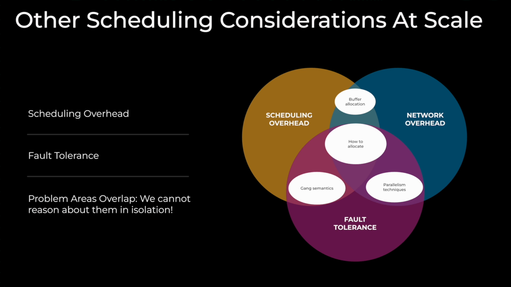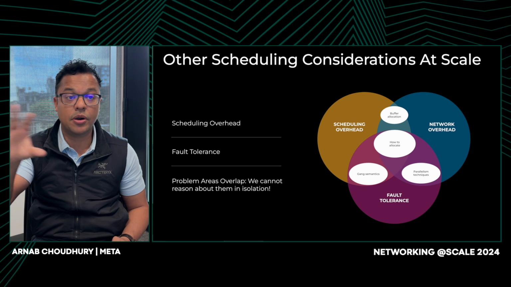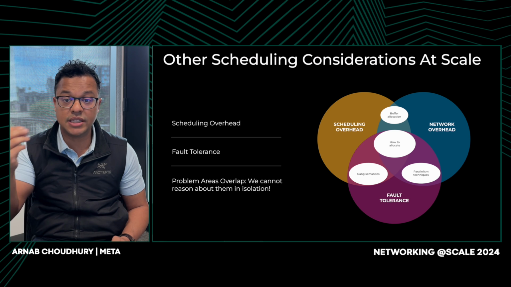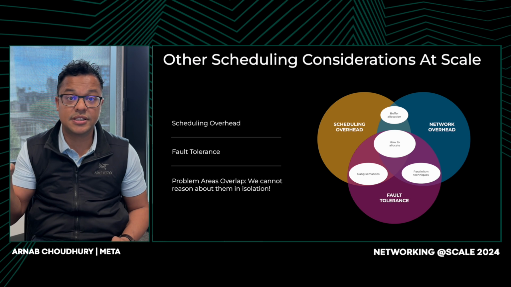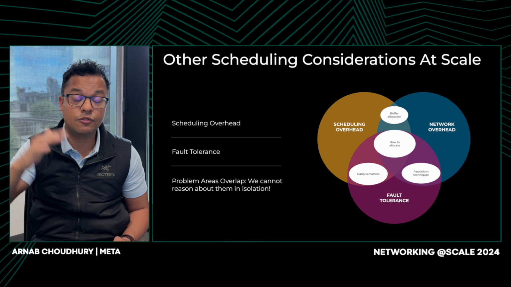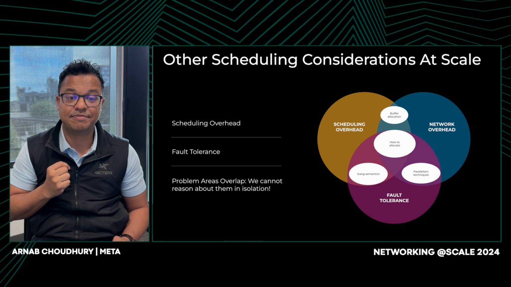With fault tolerance, we're looking to see if different parts of the training application can be resilient to partial failure. For example, at runtime, if some parts of the model go down due to capacity going down or other types of failures, can the rest of the model still continue to train? These problem areas all overlap, so scheduling overhead, network overhead, and fault tolerance all overlap, and we cannot reason about them in isolation.